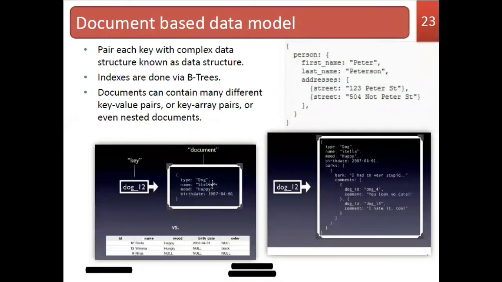It uses a data structure format, and inside the data structure there are other data structures, as a nested document or nested data structure. So the document based data model again uses a key and document model. This document model uses a data structure format for saving the data, and you can go for any number of nested levels of storing the document. That is allowed here.